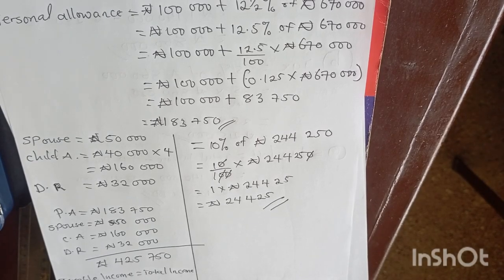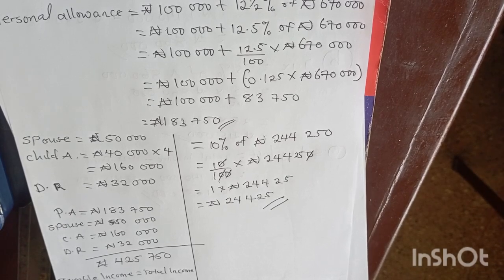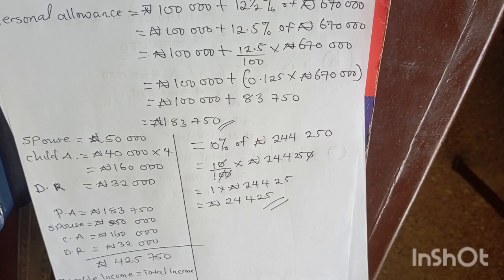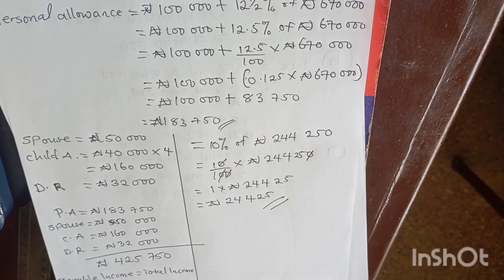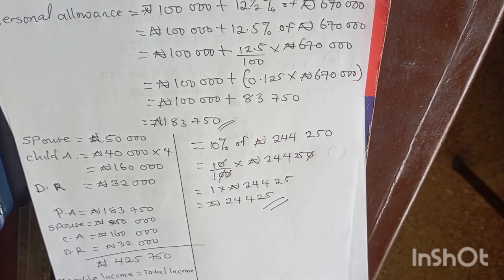So now, in addition, someone can decide to ask how much does he pay in a month? Then you can divide by 12 to know how much he pays in a month. So now, in conclusion to this question, the most important thing I want you to take note of here is: if a wife or spouse is mentioned, then you use the value.